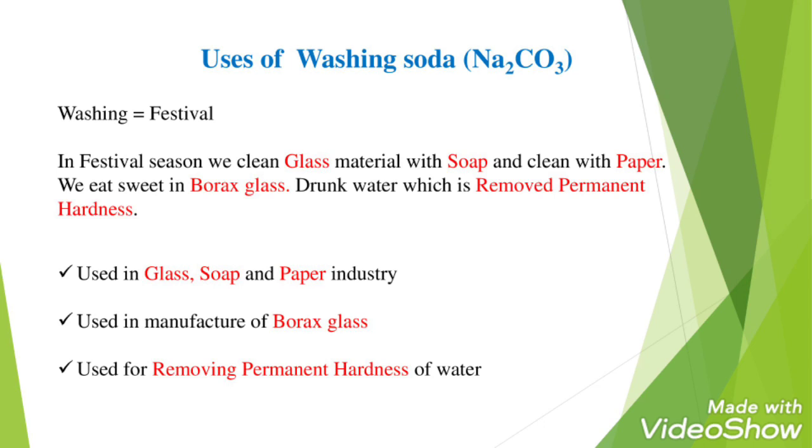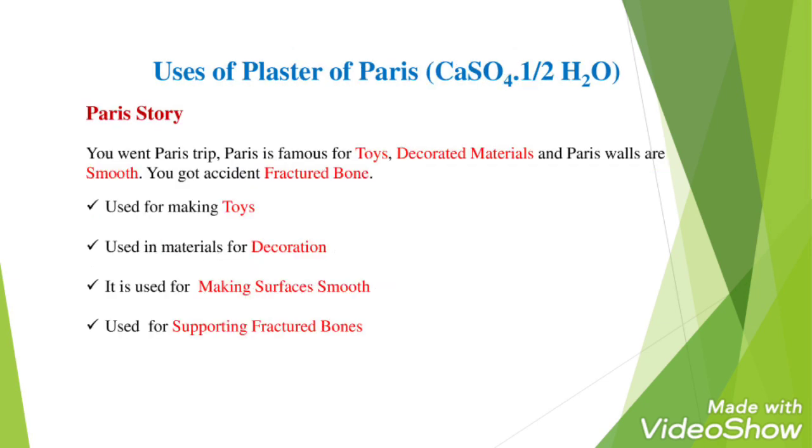We eat sweet in a borax glass, drink water which has permanent hardness removed. So in this way you can write uses of washing soda. This washing soda is used in glass, soap, paper industry, used in manufacture of borax glass, used for removing permanent hardness of water.